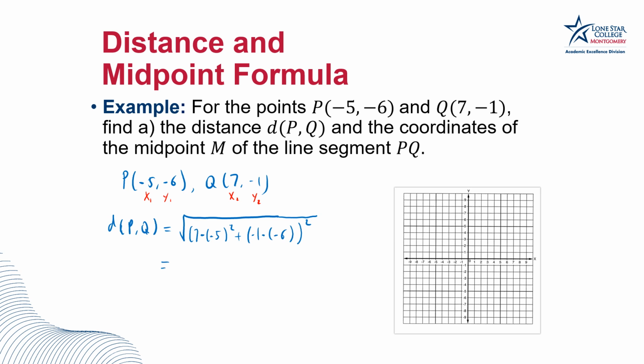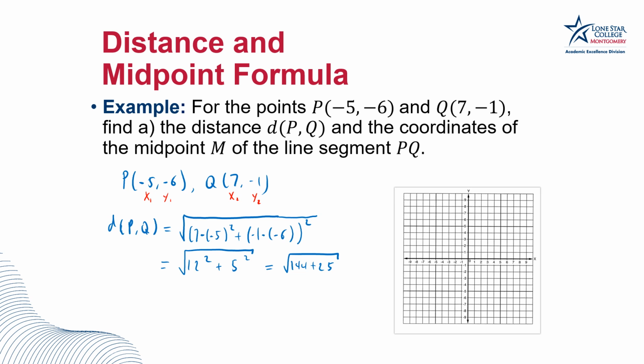Okay, so negative negatives is positive, so 7 plus 5 is actually 12, and 12 squared for now, plus -1 plus 6 is 5, and that's under square root, and then we evaluate that, so it'll be 144 plus 25, and it's still under square root.